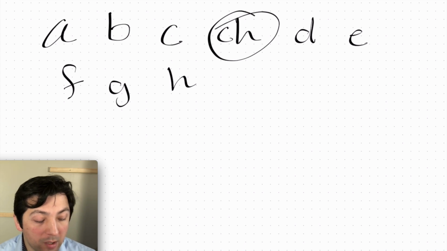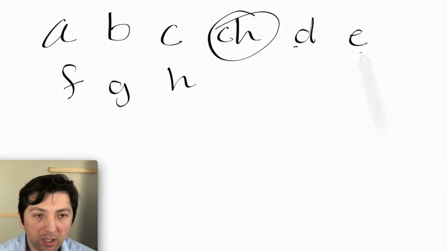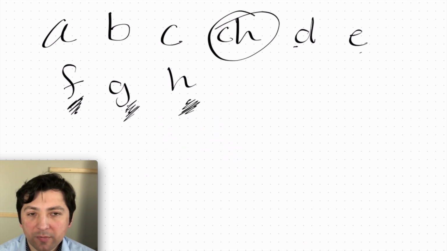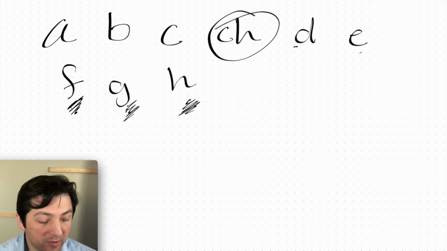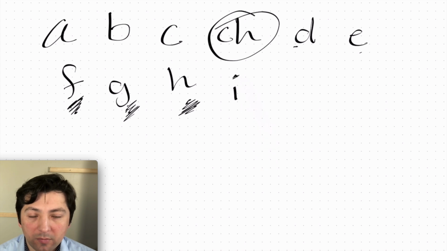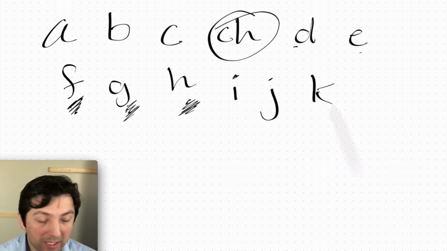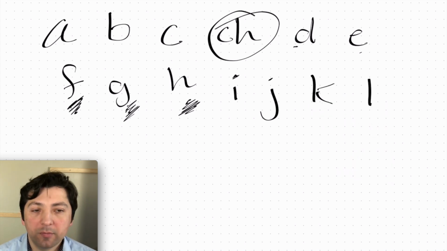So we have A, B, C, Ch, D, E, F, G, H. And then after this, we would have I, J, K, L. Now, in Spanish, L's are always pronounced one way.